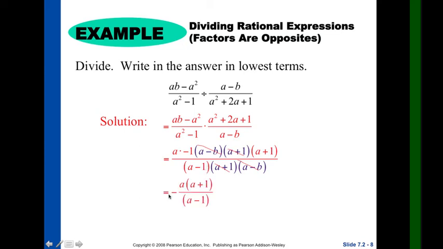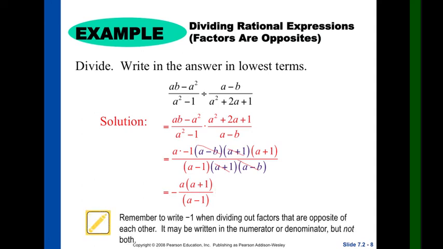So, yun yung magiging answer natin for this particular example. Remember to write negative 1 when dividing out factors that are opposite of each other. It may be written in the numerator or denominator but not in both. Okay, again, kaya naging negative 1 to kasi nga, sabi dito, the opposite of each other.